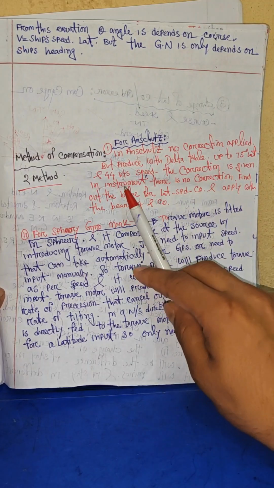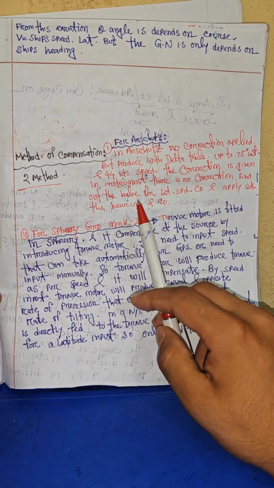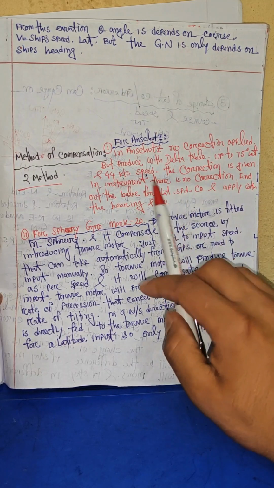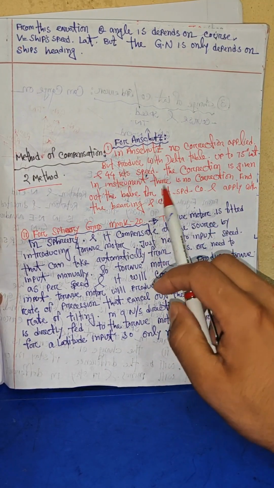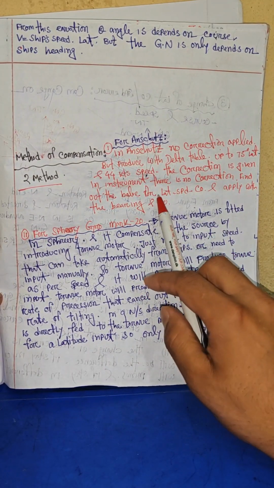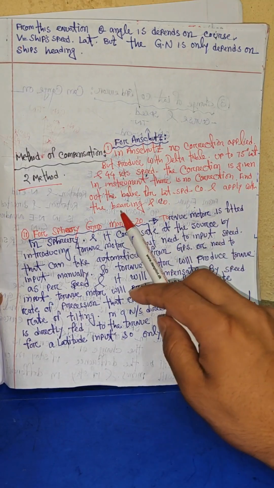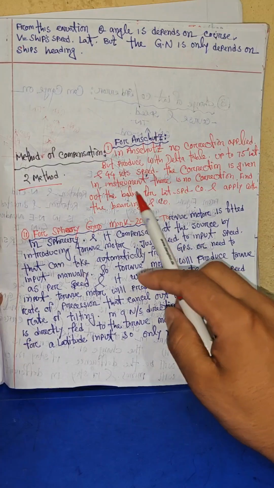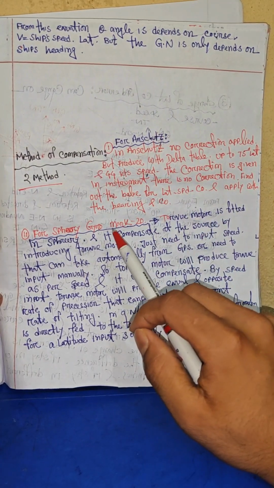So the correction is not in the instrument, but you have to find the correction value for latitude, course and speed, and apply it to the bearing and course. So this delta table is given for the Anschutz gyro compass.